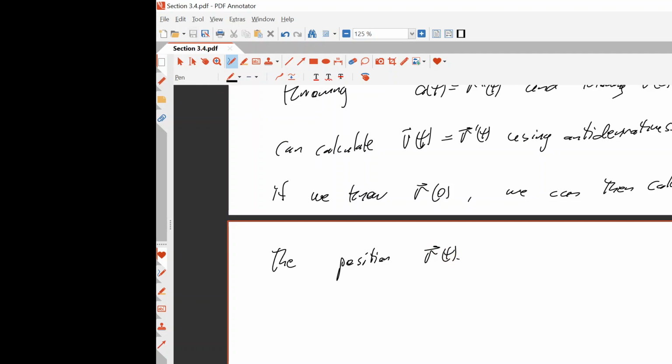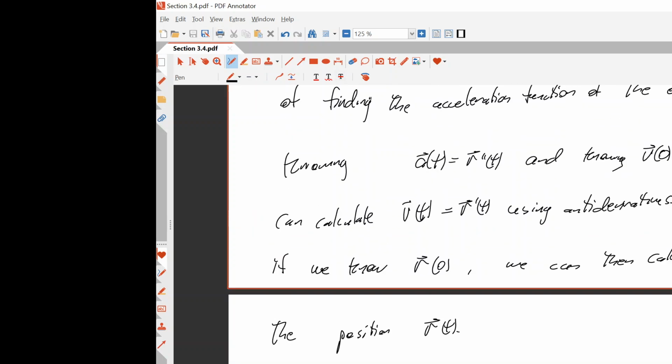So that's a notion of how one can keep track of where an object is as it's traveling through space. Since you can measure acceleration, because acceleration is proportional to the force acting on the object, and you can feel the magnitude and direction of the force, that means you can calculate acceleration. And then if you know your initial velocity, maybe 0, then you can use antiderivatives to calculate velocity.